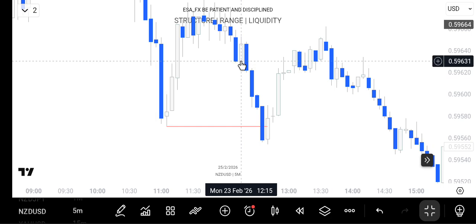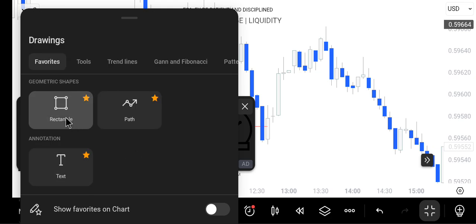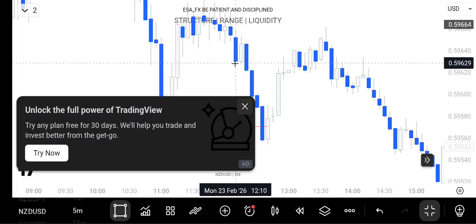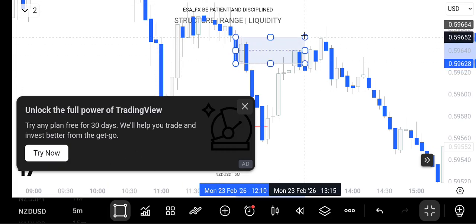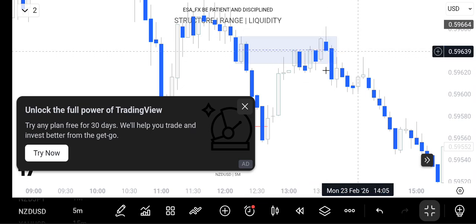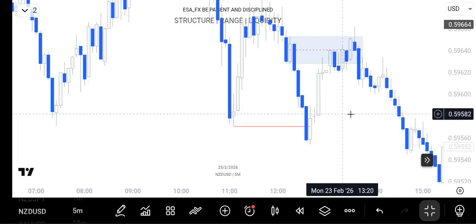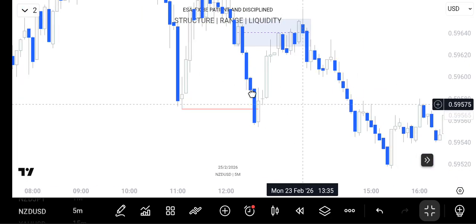This zone here, the last bullish candle before the aggressive move that causes the break of structure, is the order block for this zone. Notice what price did when it came into this zone: it taps into the order block and moves away. So that is an order block for you.